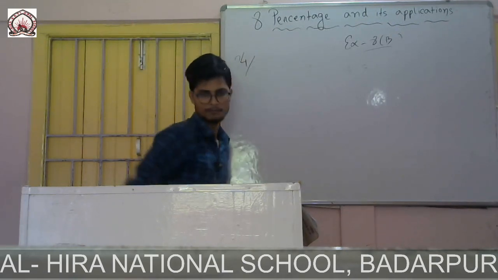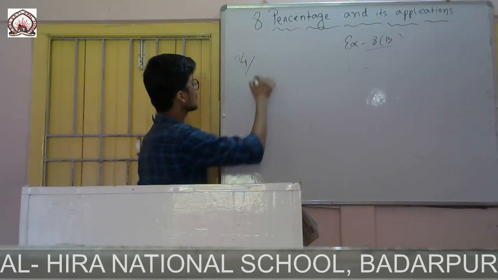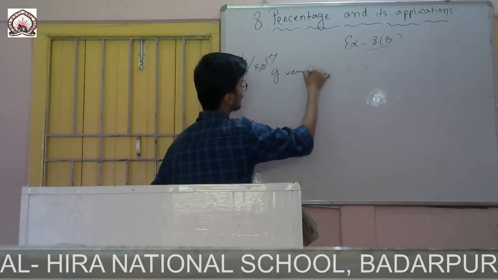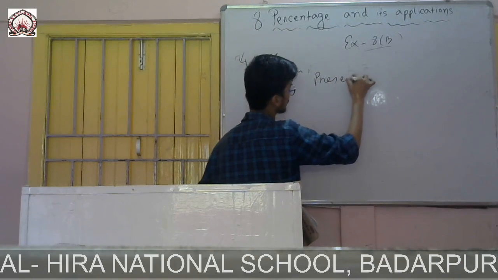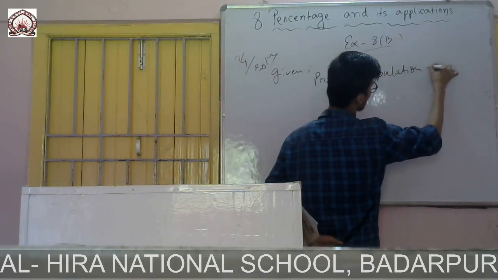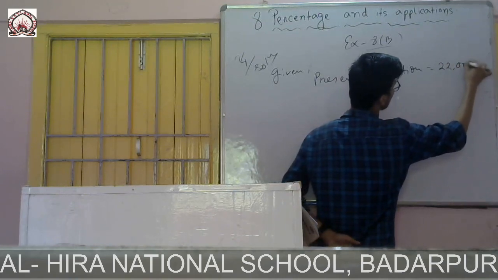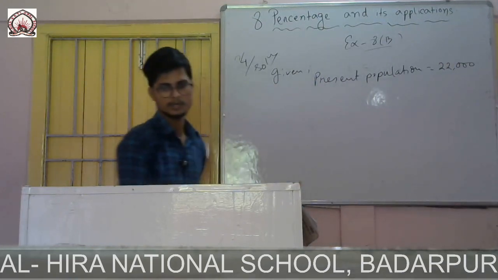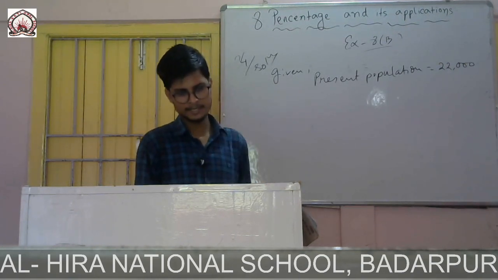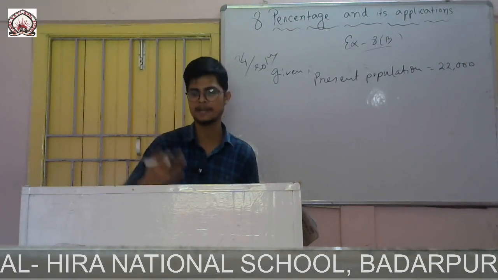Question number 4. So what is given? The present population is given. So I will write, given, present population equals 22,000. It is given that every year it increased 10%.